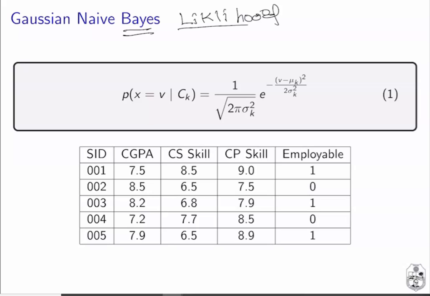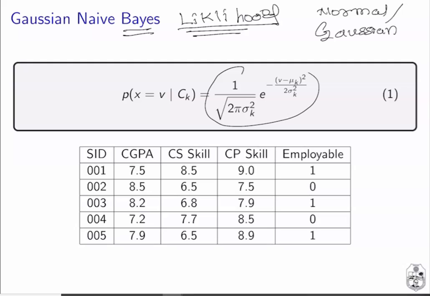The calculation of this likelihood can be simplified if you assume certain things. If you assume that your data set has the normal distribution or Gaussian distribution, then the likelihood is calculated by using this equation.